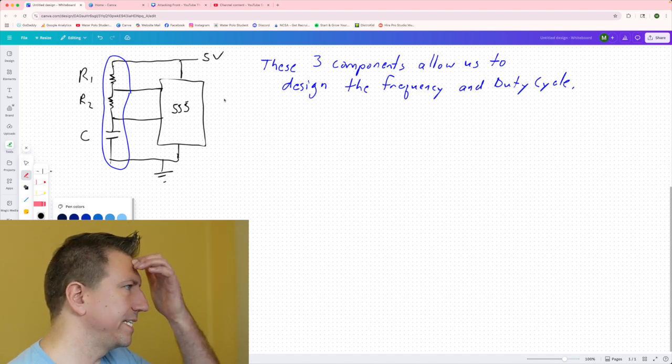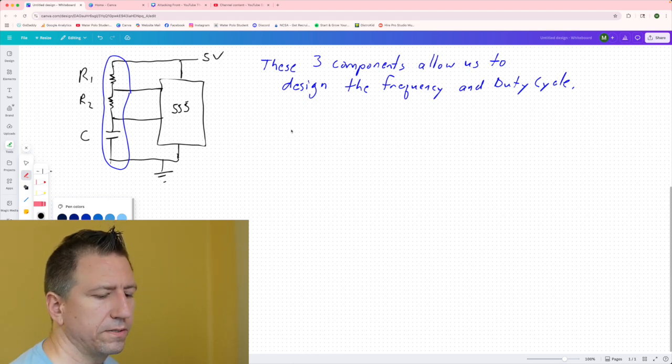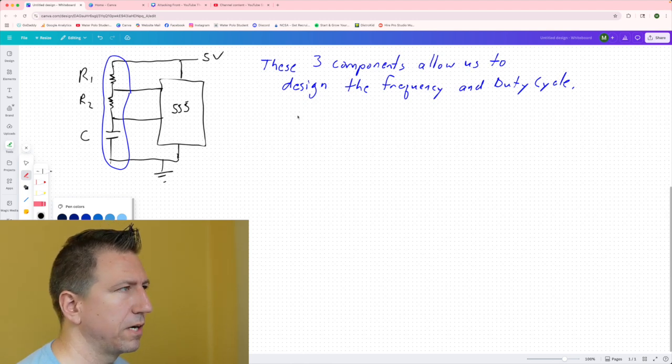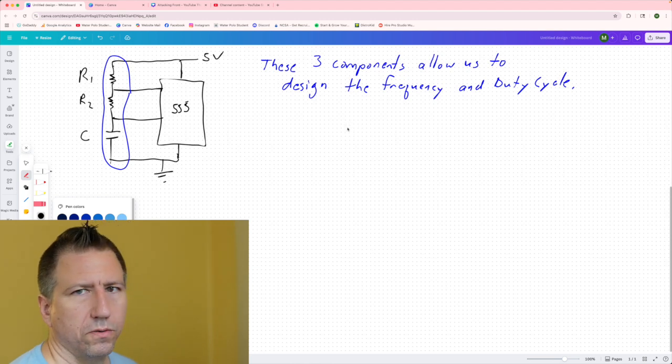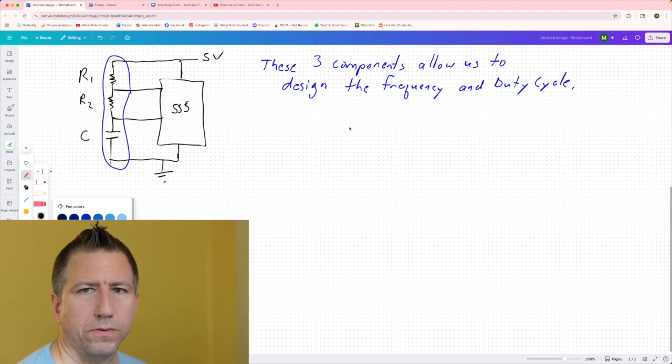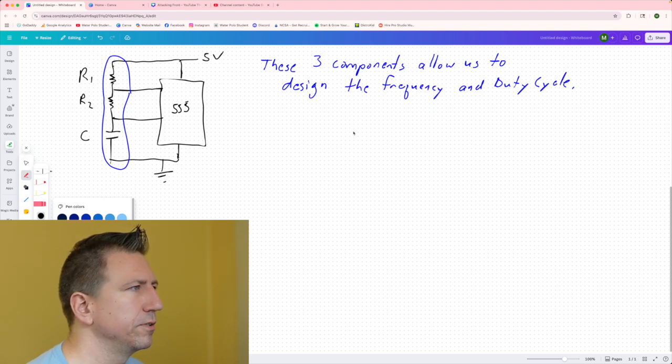Given the insides of the 555 timer and the operation of resistors and capacitors, it generates a set of equations to allow us to design. I want to just give them to you here. Don't worry too much about copying down what I write, because these are available all over the internet, so you can find them pretty easily. But I just wanted to show them to you here as well.